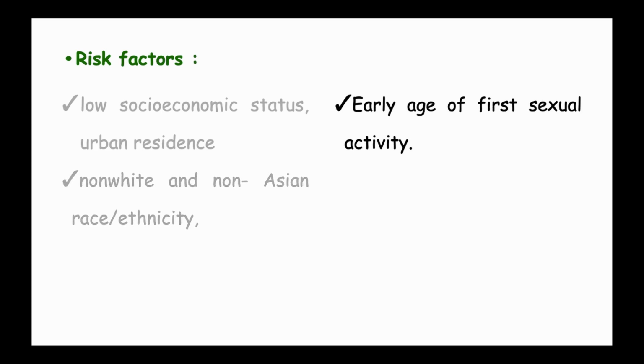Early age of first sexual activity has also been associated with sexually transmitted infections, specifically including gonorrhea. And people who indulge in illicit use of drugs are also at risk of developing sexually transmitted diseases, including gonorrhea.